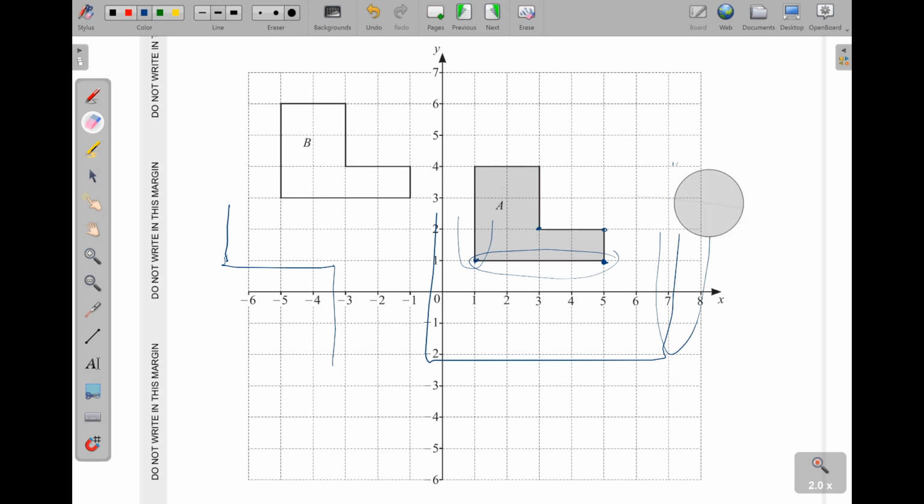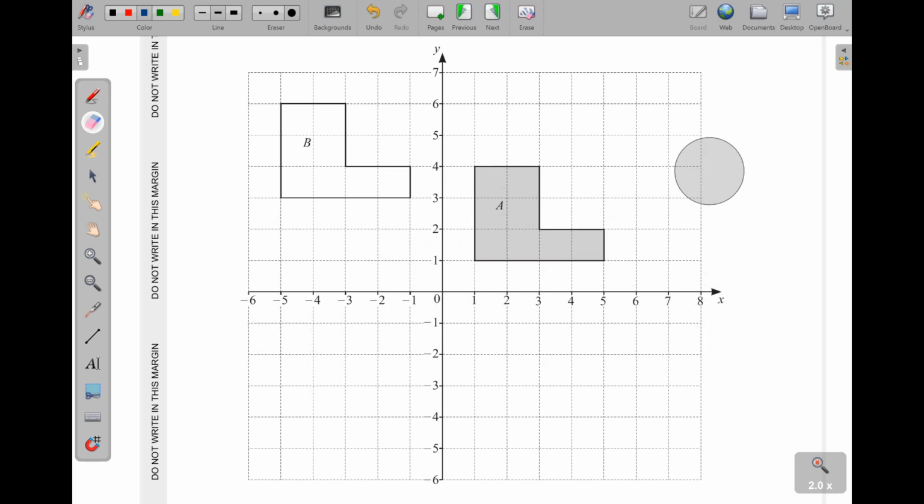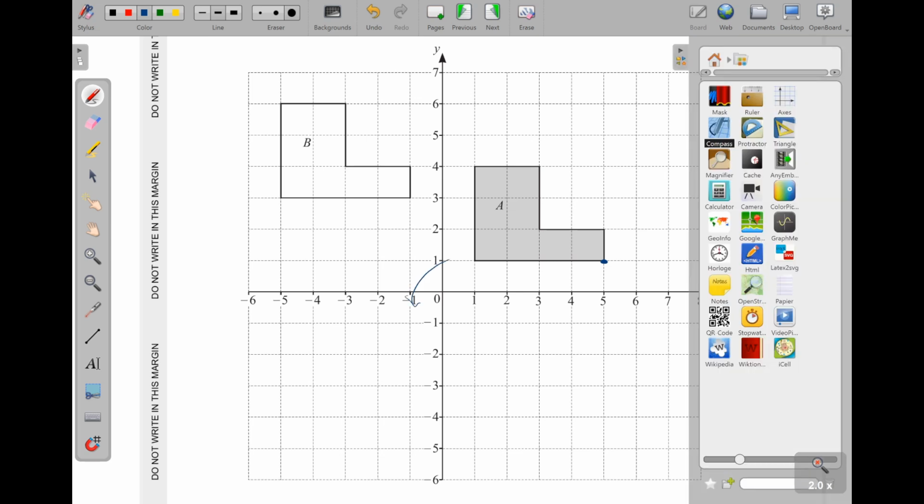You can also use the protractor. So this is 5, 1. Now, when I rotate it anti-clockwise, let me just show you using the protractor here.